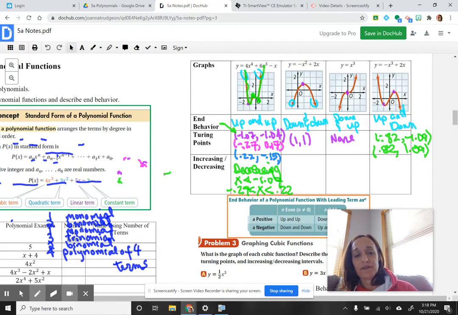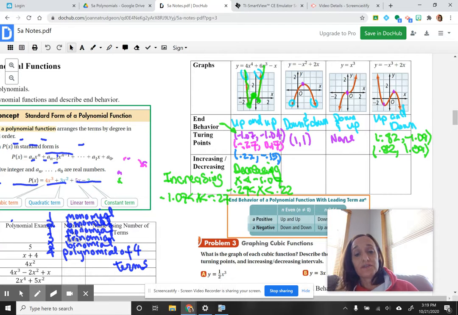It is increasing, I'll have to write it over here, and it's increasing from this point to this point, so in terms of the x values, that's negative 1.07 is less than x is less than, and then that next point is negative 0.27.